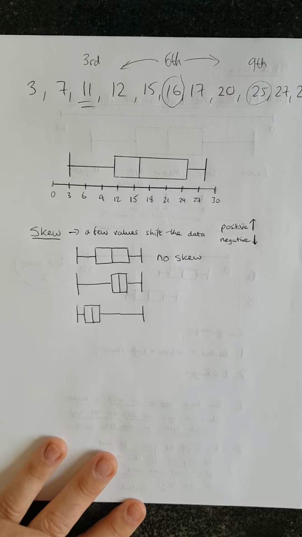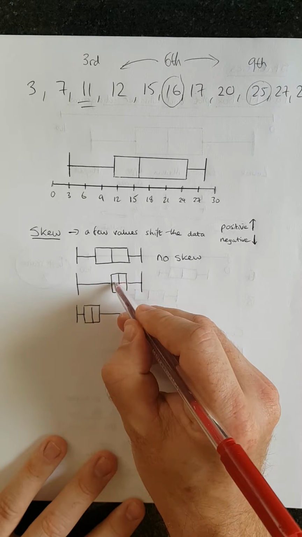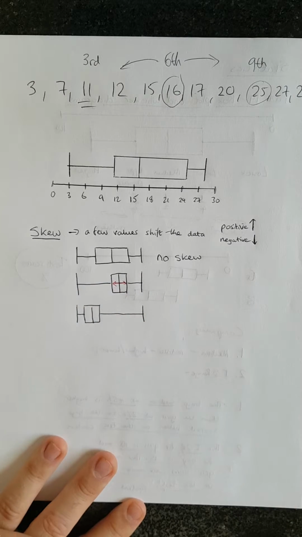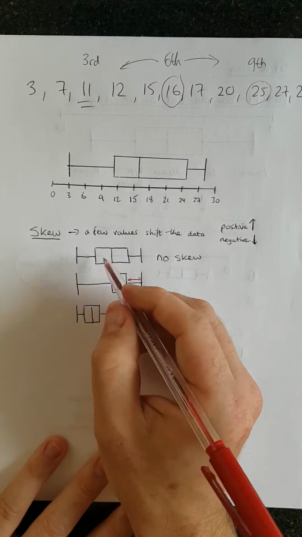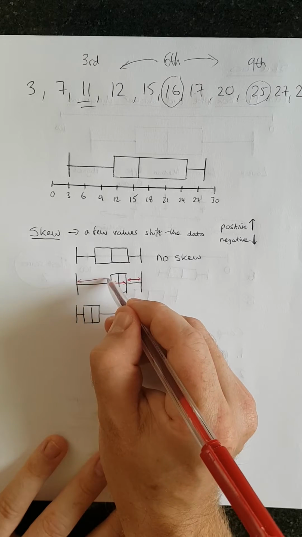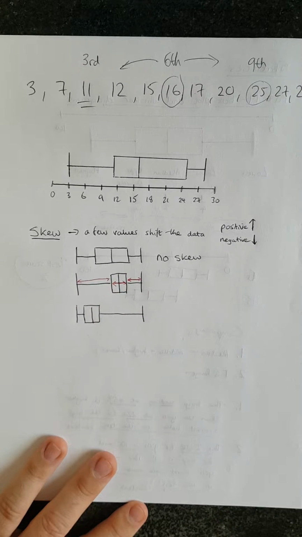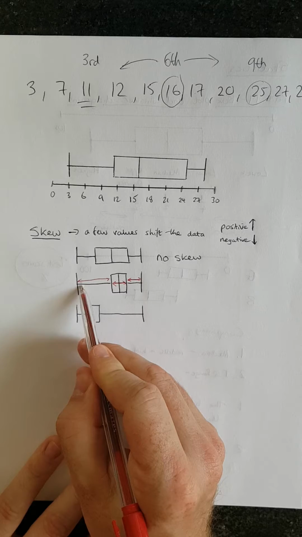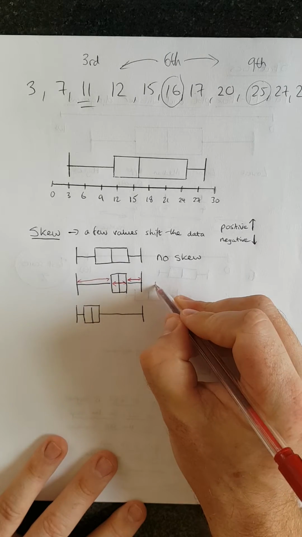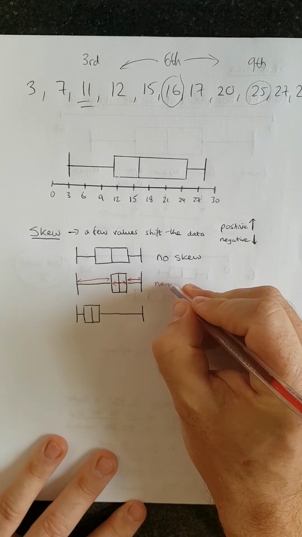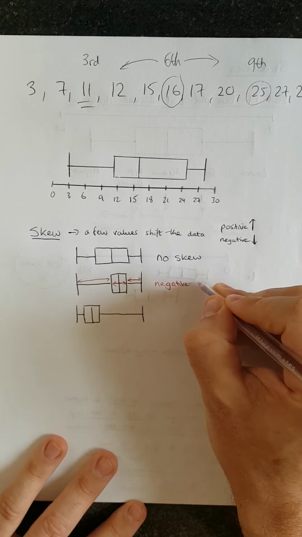What about the second one? Half your data lies here between your interquartile range. The final quartile there is quite narrow, and the lowest section is really big, as if it's been pulled down this way. Pulled down is a negative skew.